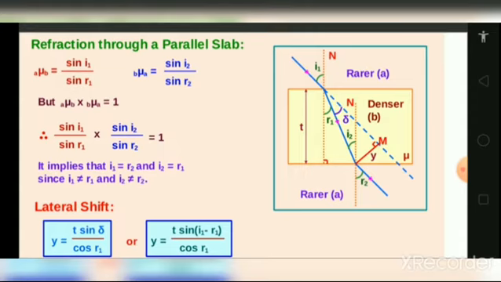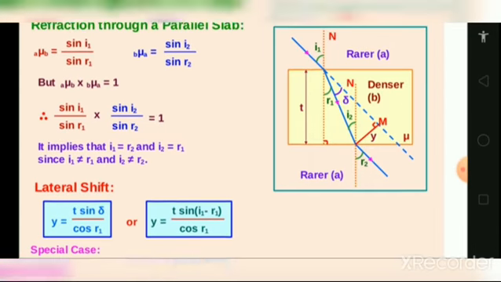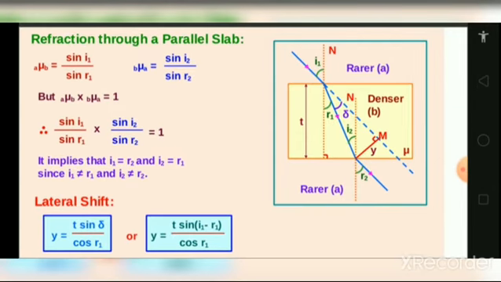For example, you can see on the screen for the slab. But you know that sine I and sine R are the reflected and incident angles. Thus, by just solving the equations in that manner, sine I upon sine R multiplied by sine I upon sine R, you will get 1.